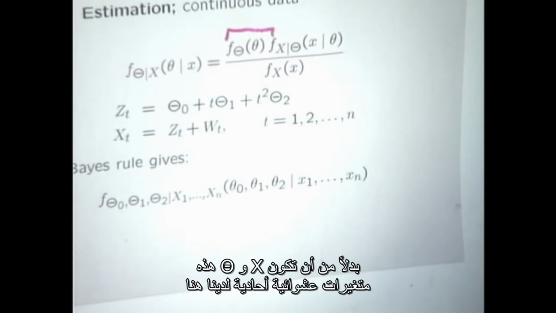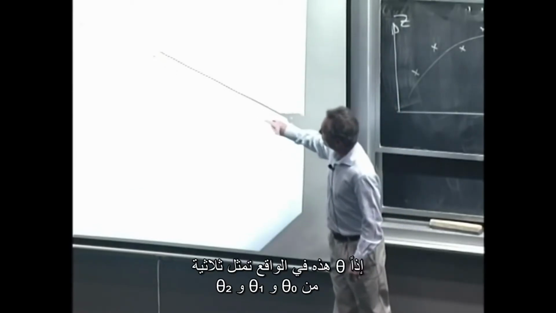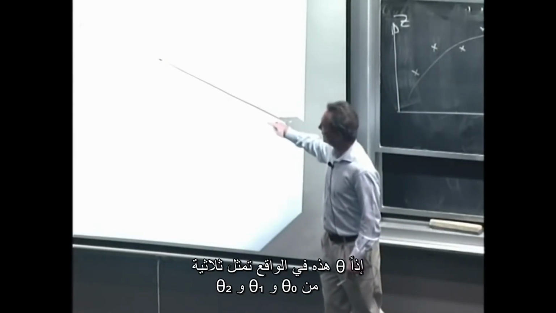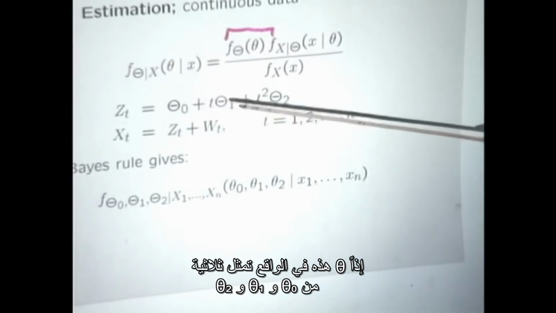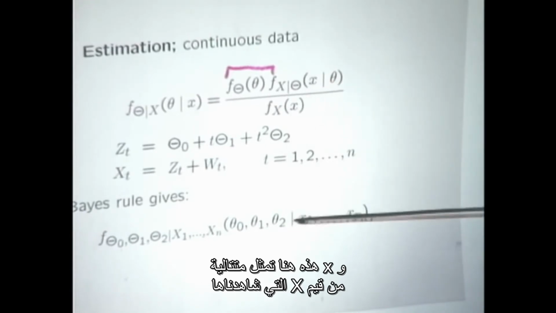Instead of these x's and thetas being single random variables, typically those x's and thetas will be multidimensional random variables, or will correspond to multiple ones. So this little theta here actually stands for a triple of theta 0, theta 1, and theta 2. And that x here stands for the entire sequence of x's that we have observed.